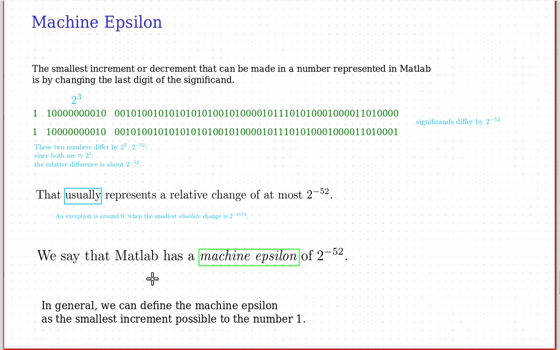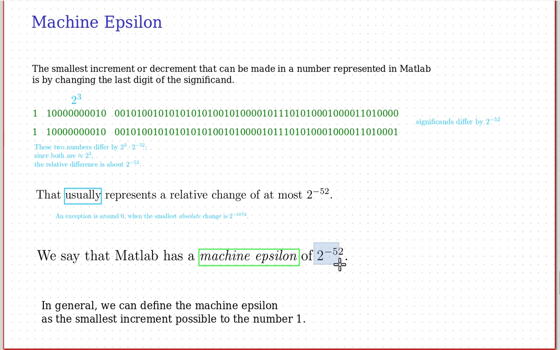In general, you can define the machine epsilon for any language or computer package by saying it's equal to the smallest possible increment you can make to the number 1. So 2 to the negative 52 is the smallest possible increment we can make in MATLAB to these 64-bit floating point numbers that would give us a number that registers as being greater than 1.